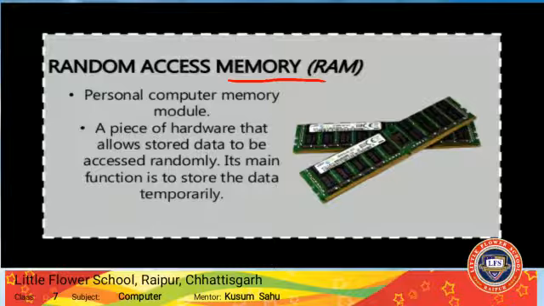Its main function is to store data temporarily. If we switch off the computer, the data will be erased unless we save it on the main memory, that is the ROM chip. So it is a temporary type of memory. It stores the information temporarily.